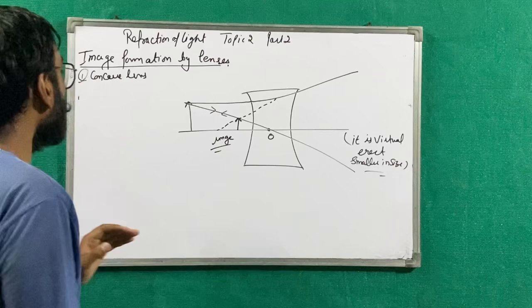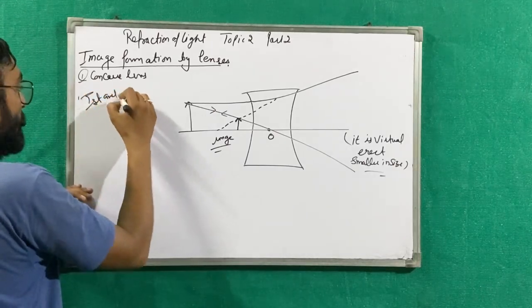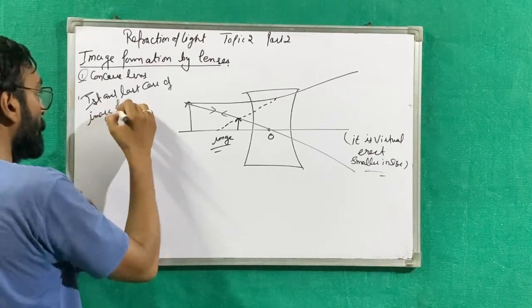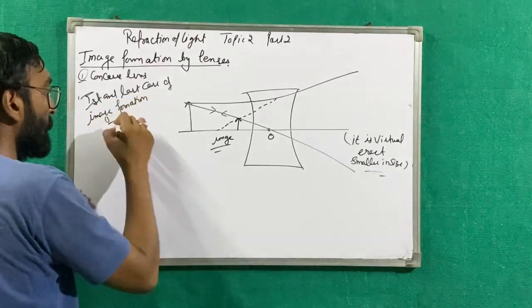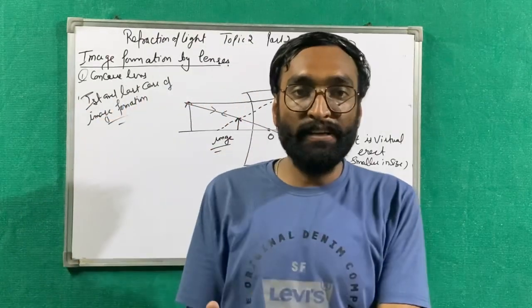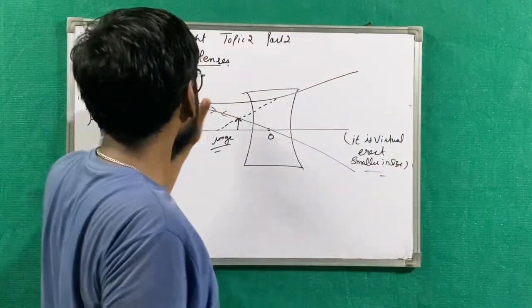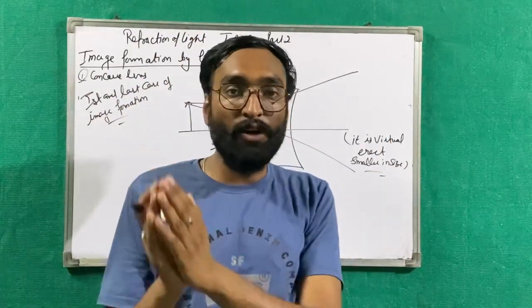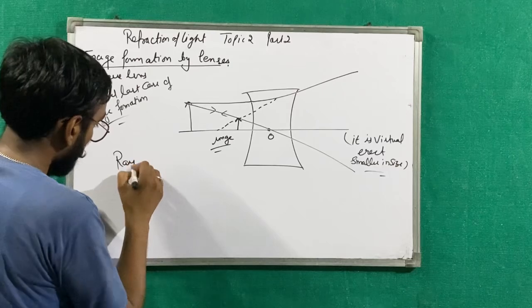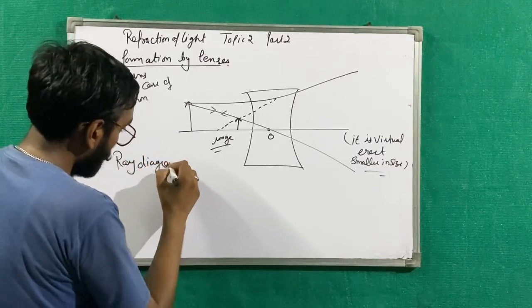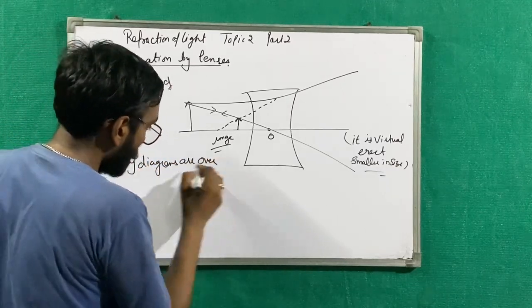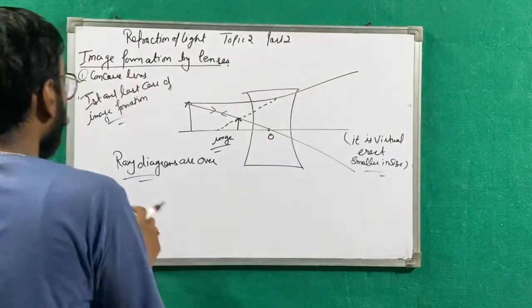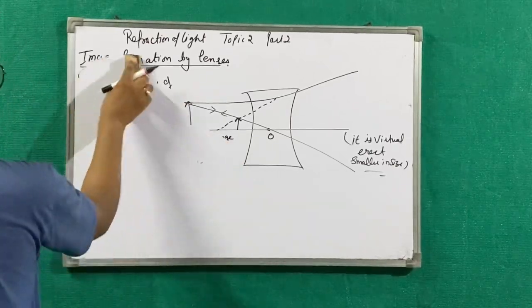So this is the first and last case of image formation. By this we have completed our image formation part of lenses. So with this your image formation or ray diagrams are over. We are left with the lens formula as well as the power of lens only.